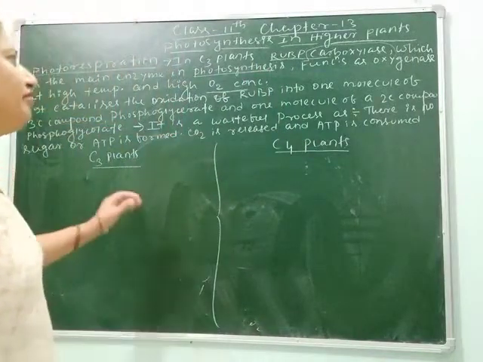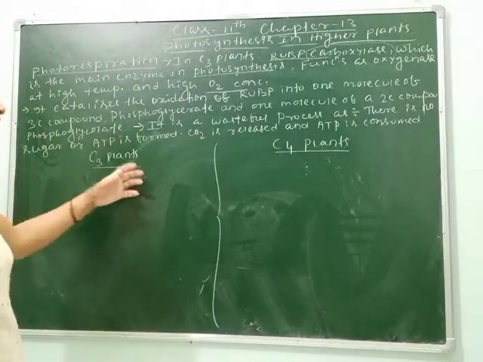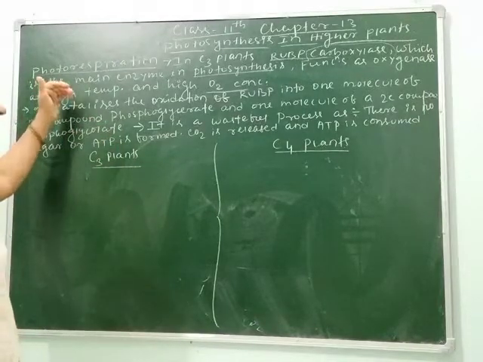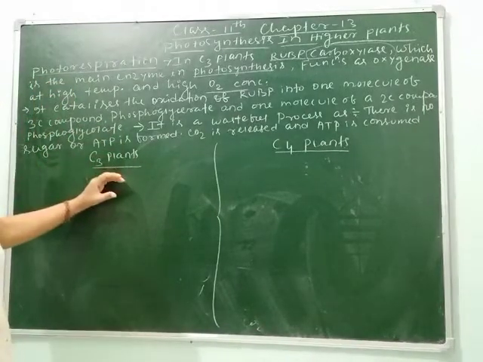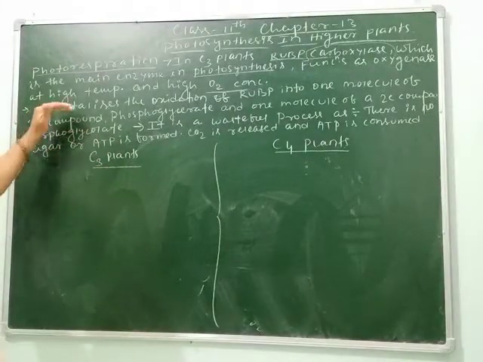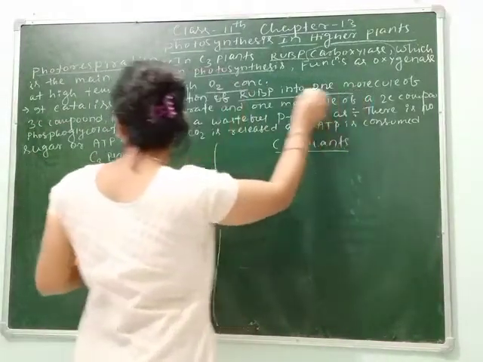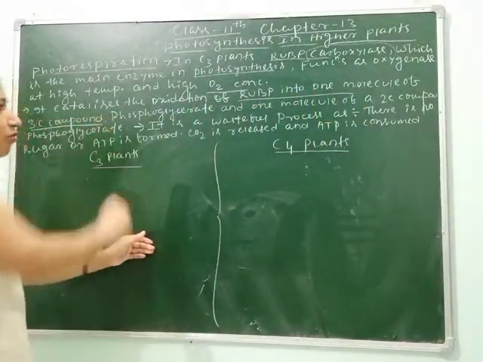It means when the oxygen concentration is high and the temperature is high, its main function is to act as oxygenase. So it catalyzes the oxidation of RuBP into one molecule of a 3C compound.